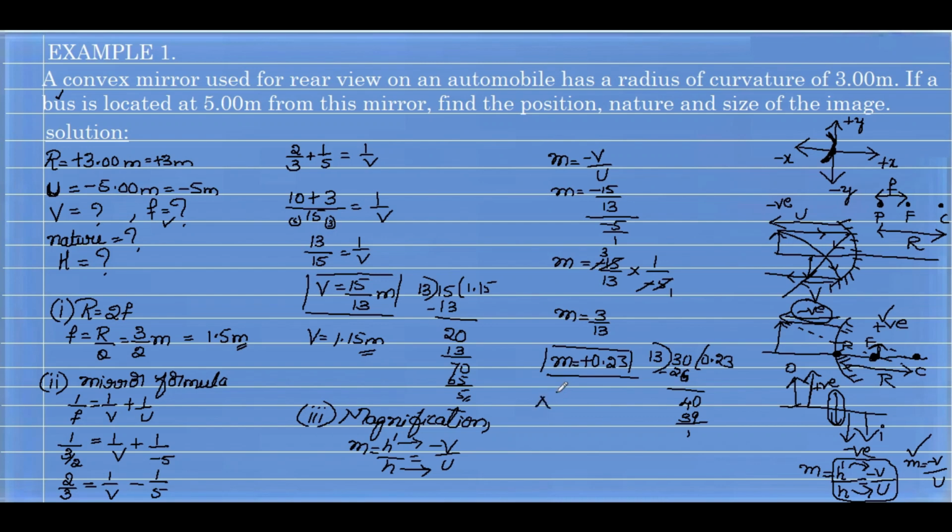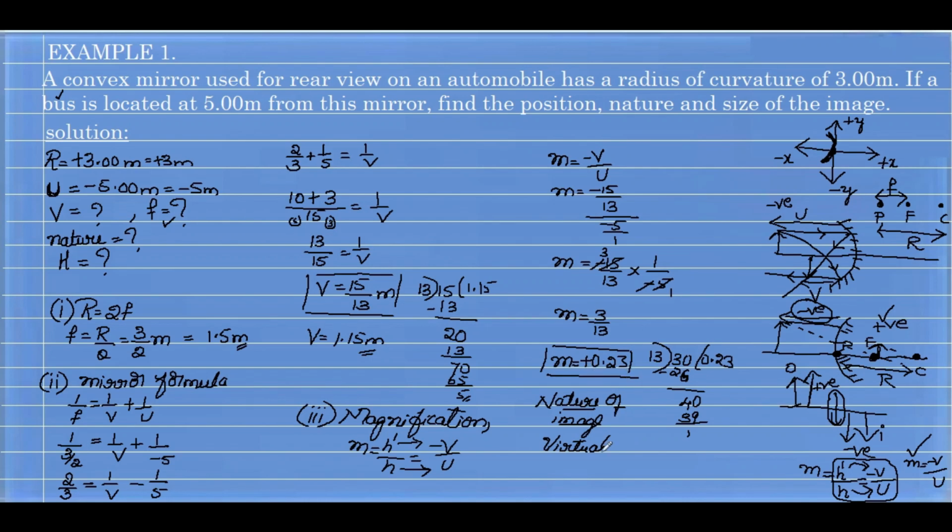So what happens when magnification is positive? When the magnification is positive, the nature of the image is virtual and erect. If it is negative, it will become real and inverted.